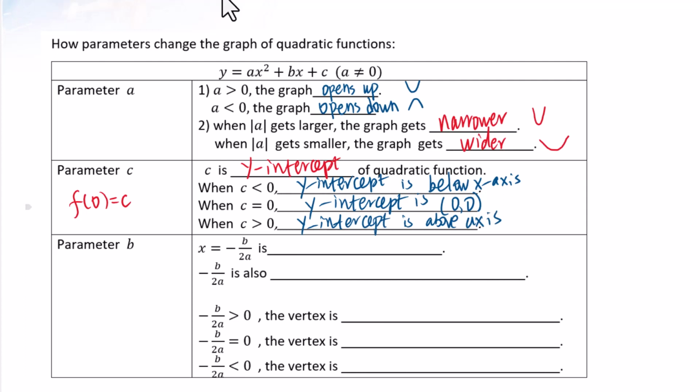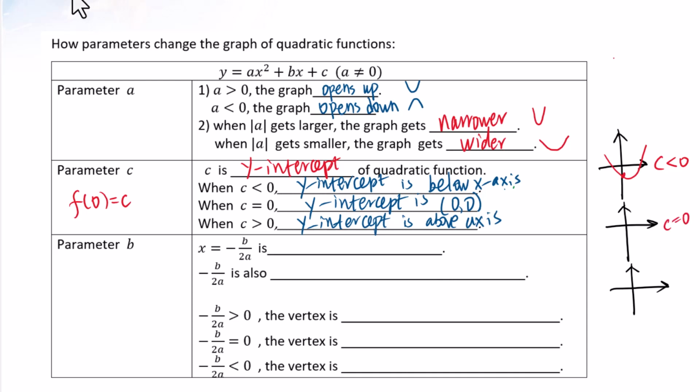Let's sketch the graph. C less than 0. The graph could be like this. For c equals 0, the graph will cross the x-axis at the origin. When c greater than 0, the y-intercept is above the x-axis.